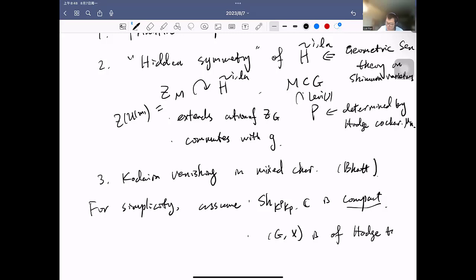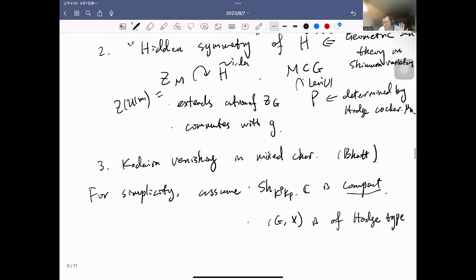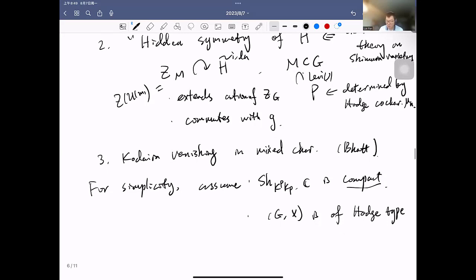It's not really because the proof I'm going to explain only works in Hodge type, but simply because some geometric construction I'm going to do works well in the Hodge type case, and in general, if you interpret everything on some derived level, it still works. But let me just assume for simplicity we are not in that general setup.